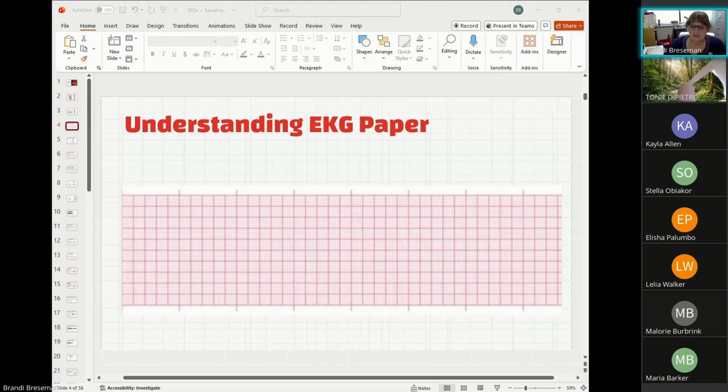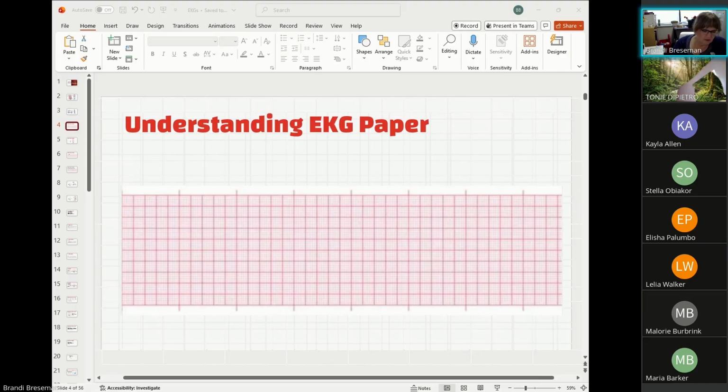So this EKG paper, when we're looking at it, this is a strip. Each of these little bars up here at the top, you see these? Typically it should be in 6-second intervals.